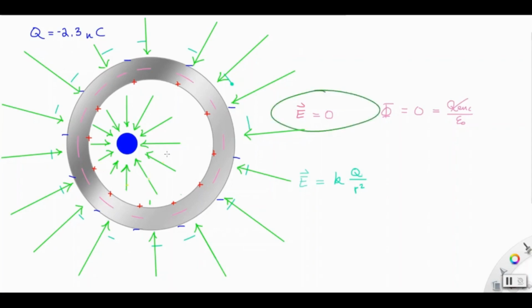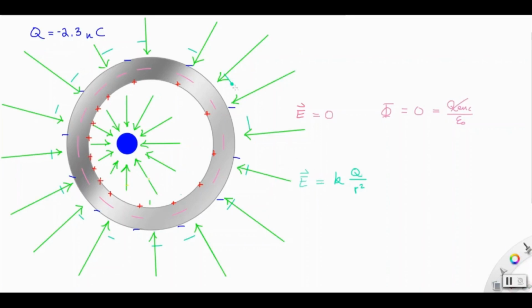This will remain true. As soon as we come to the inside of the surface, we should then have, suddenly, an electric field. But how is that possible for the charges to be distributed in this way? As a matter of fact, they're not. The charges have a distribution that is a little bit more like this now.